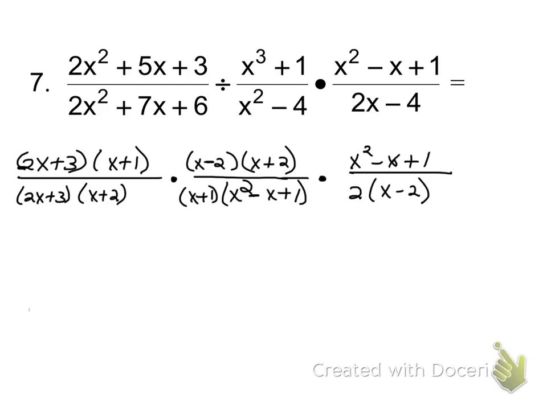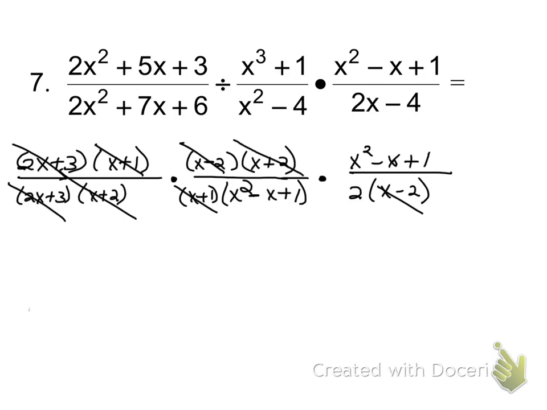Now we look for factors that match that are identical. So 2x plus 3, 2x plus 3, that cancels to be 1. Here's an x plus 1 and an x plus 1. Here's an x minus 2 and an x minus 2. Here's an x plus 2 and an x plus 2.